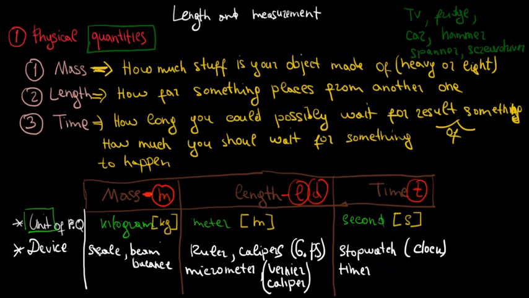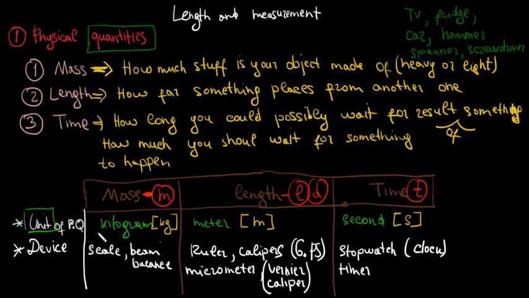So the first basic information in general physics has to be about length and measurement. You have to understand what a physical quantity is. We understood that a physical quantity is just a type of tool that we use to define different specifications in physics, and the main ones are these three: the first is mass, the second is length, the third is time.